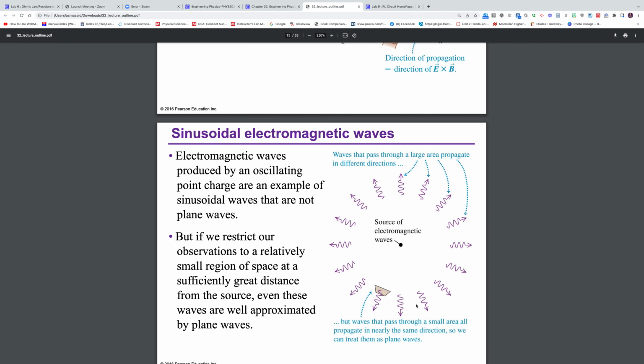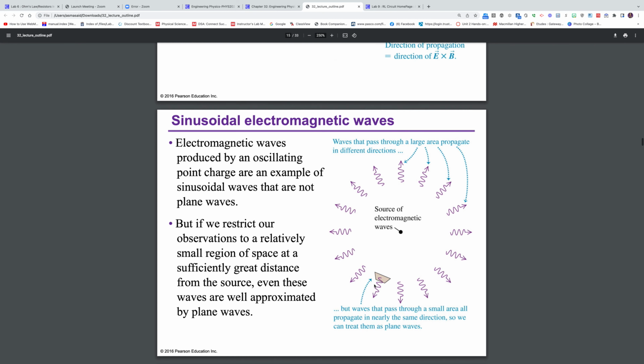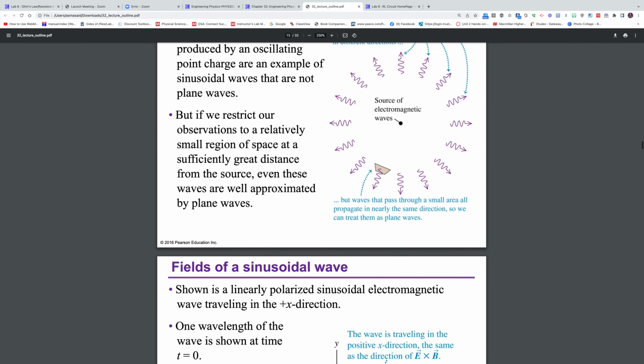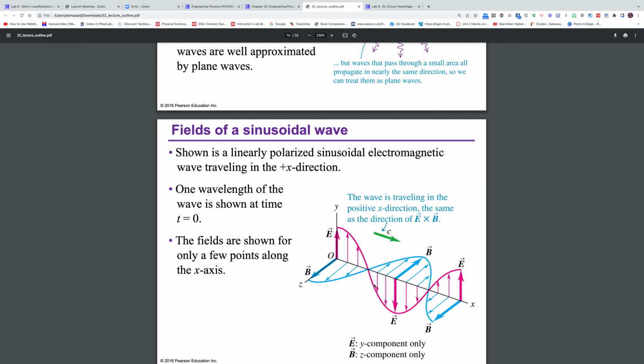Now, electromagnetic waves are also produced, we said, by an oscillating point charge. They are sinusoidal waves that are not actually plane waves, but we can approximate that situation if we go to a small region in space.